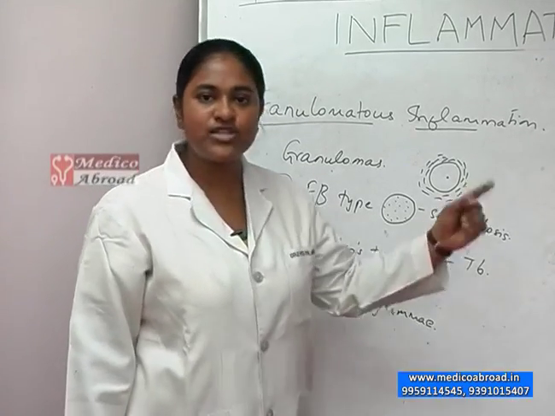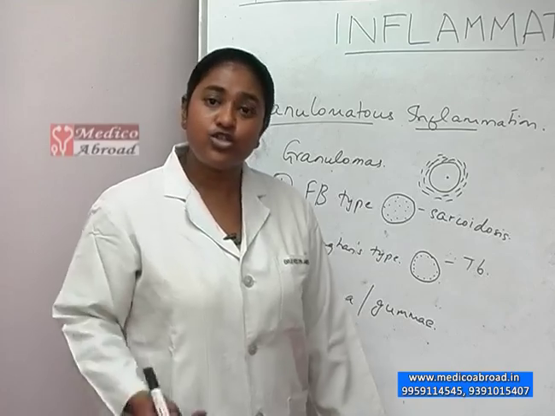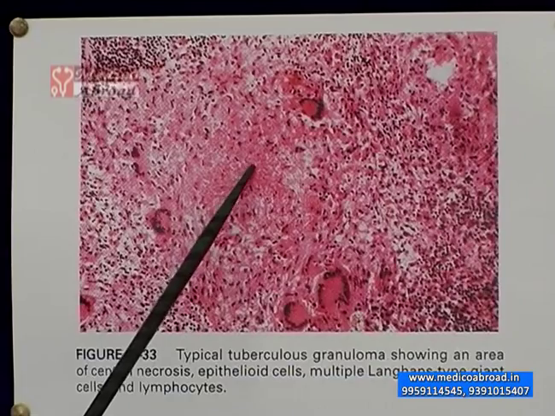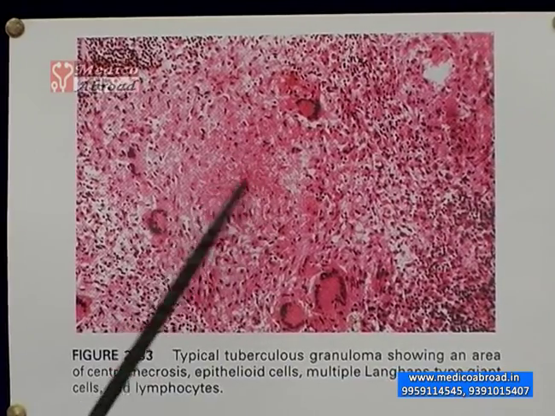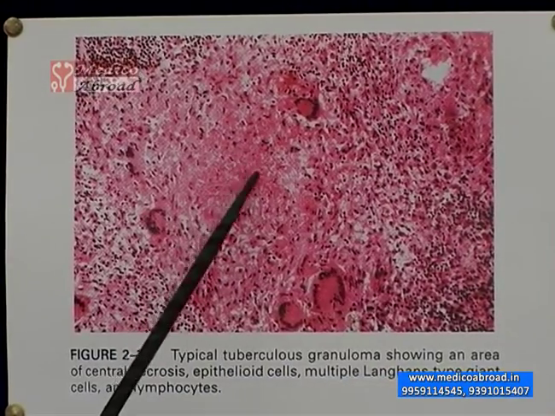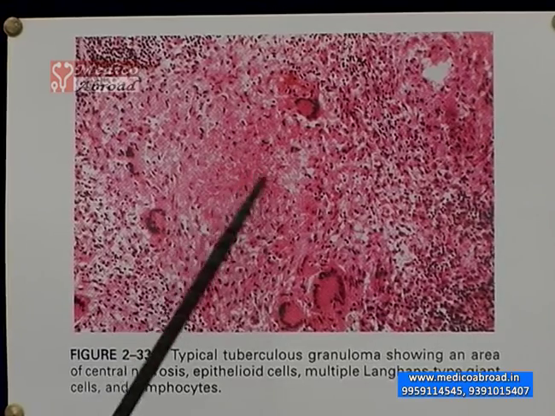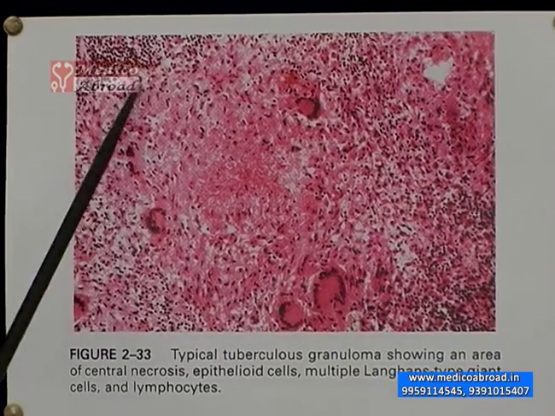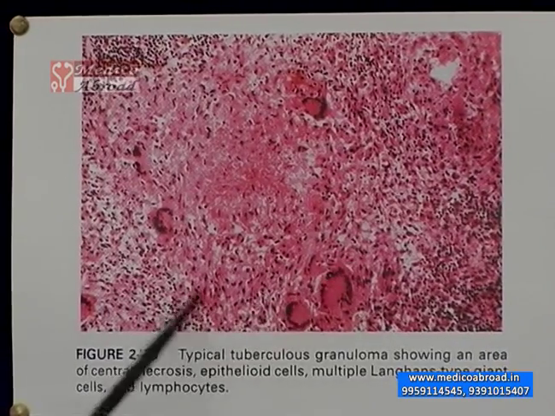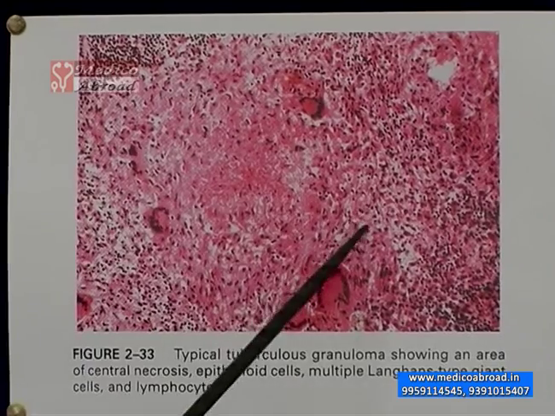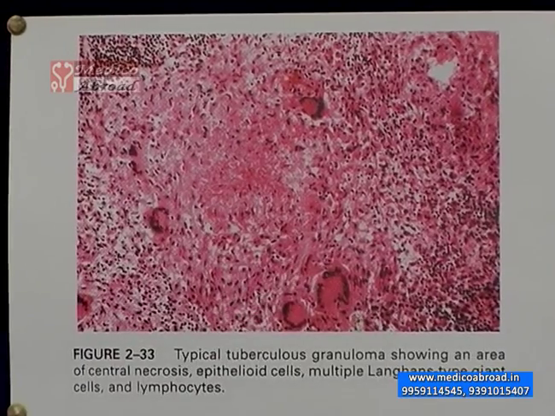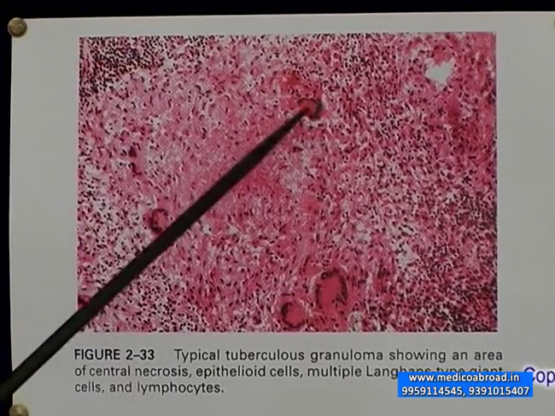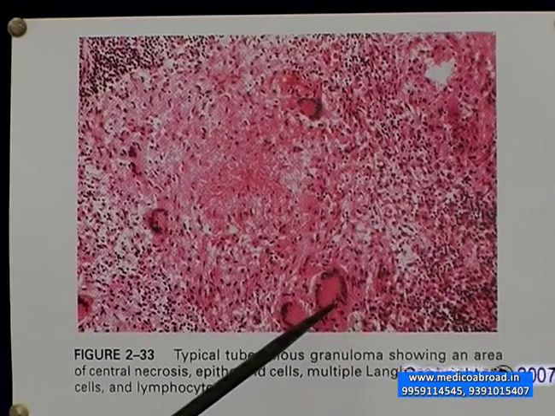Now let's look at the histopathology picture of tuberculosis. This shows a central area of caseating necrosis characteristic of TB. This is the area of necrosis devoid of any cells. There is a dispersion of epithelioid cells and mononuclear macrophages around this area of central necrosis, interspersed by these cells which are called Langhans type giant cells.